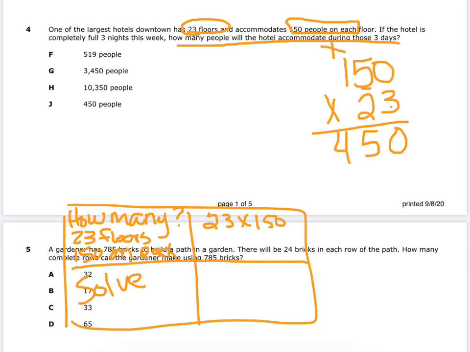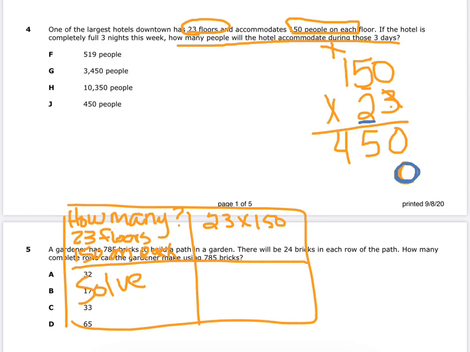Then we tick, tack, O, because now we're going to be multiplying by the number that is in the tens place right here. So now we're multiplying 150 times 20. So that's why we bring this 0 down as our placeholder, basically. But it's because we're multiplying in the tens place.